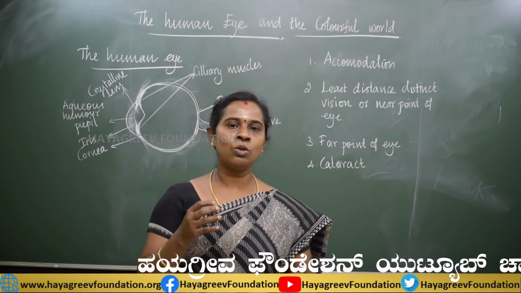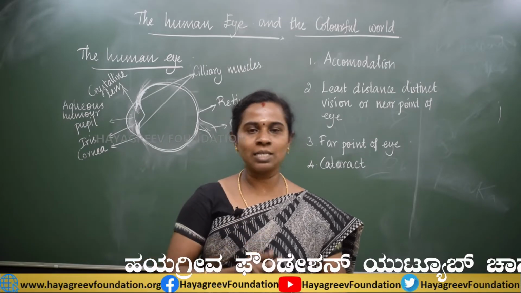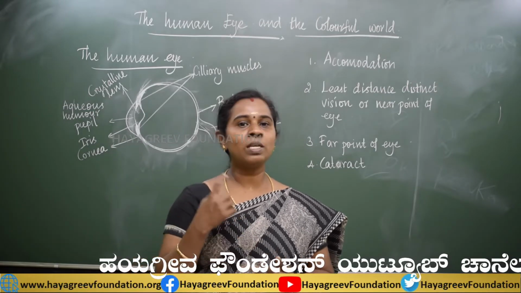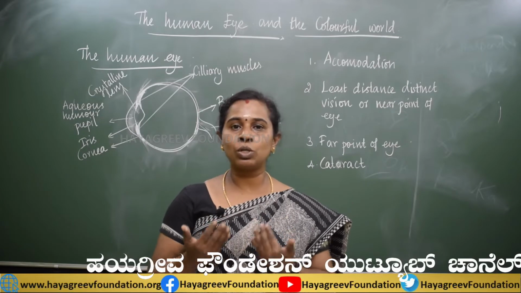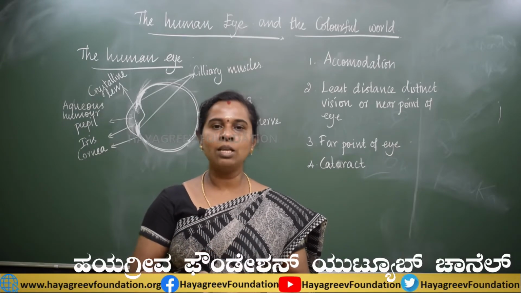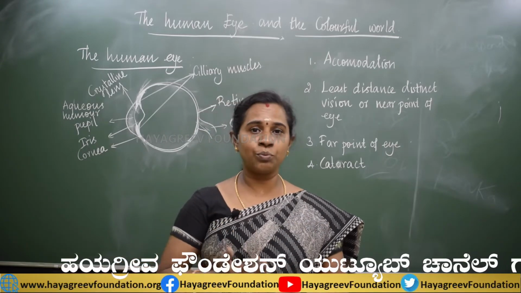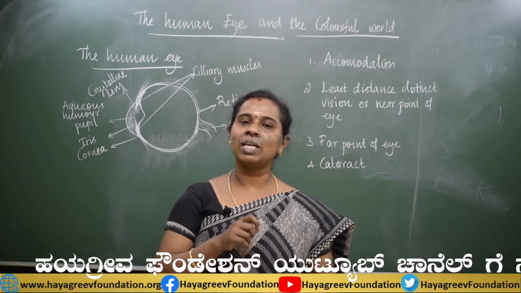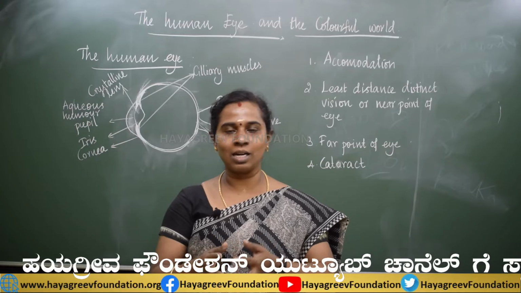For a normal adult eye, this is 25 centimeters. So when we want to read an object clearly, we should keep it 25 centimeters from the eye. Then we can read the object very clearly.